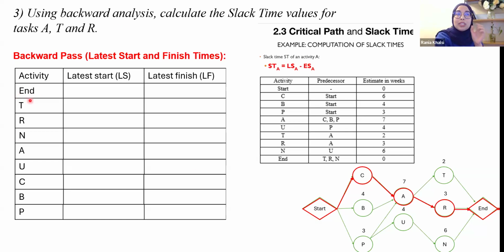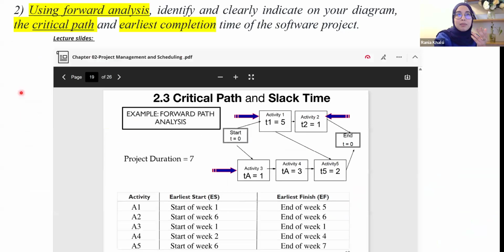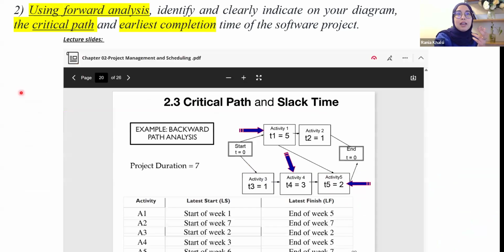So here we start from the end, okay? Before, in my example that we saw in class, even though this was for the backward analysis, the order is the same, but my presentation was animated. So I started with activity 5, then moved to 4, then 3, and so on, in the order of the animation.